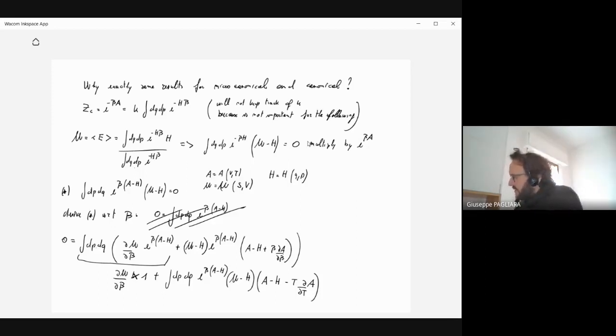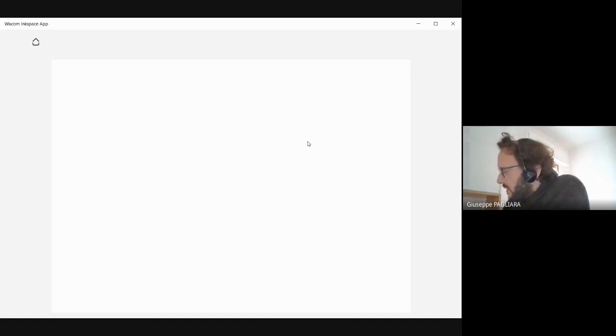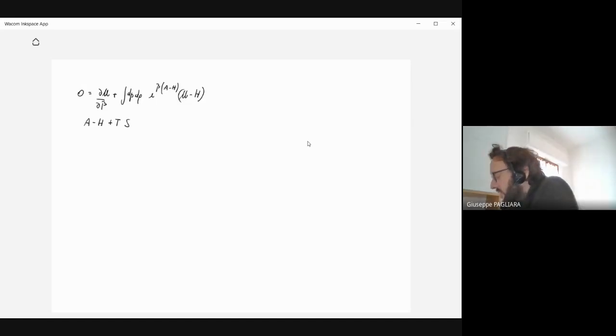Now this quantity here, let me change page. So I have 0 is derivative of u with respect to beta plus integral dp dq of e to beta (a minus h) and (u minus h) here. Now, if I take a minus h minus t, the derivative of a with respect to t is minus the entropy, so this should be plus ts.